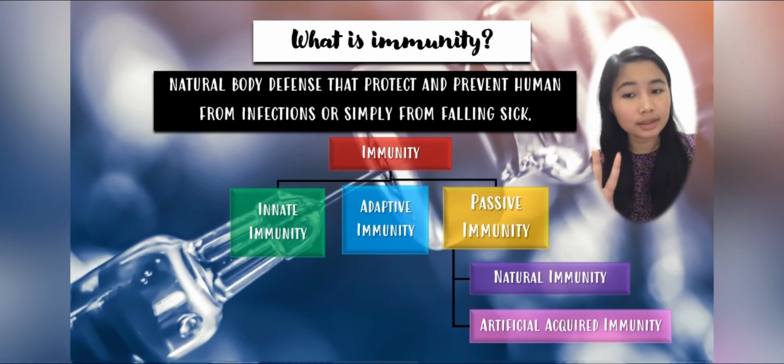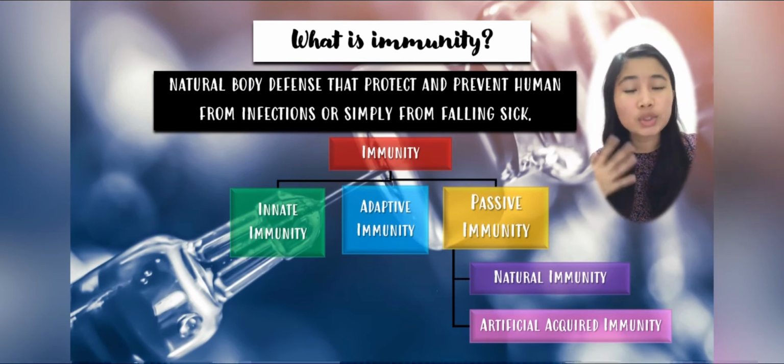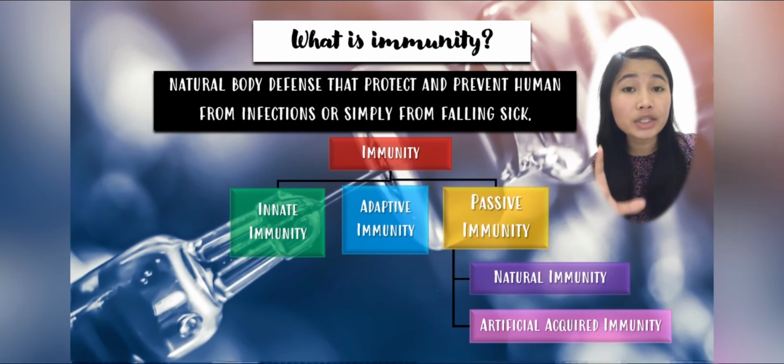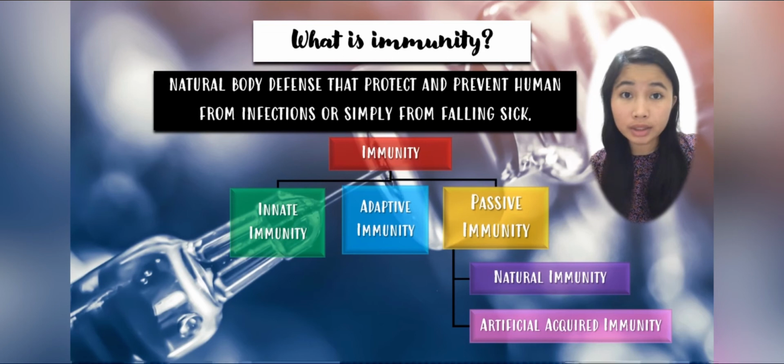Second, adaptive immunity, which gives a slow response. And third is passive immunity. Passive immunity again has two types. The first one is natural immunity, where humans receive it from the maternal side. And the next is artificial immunity, where humans receive it from medicine.